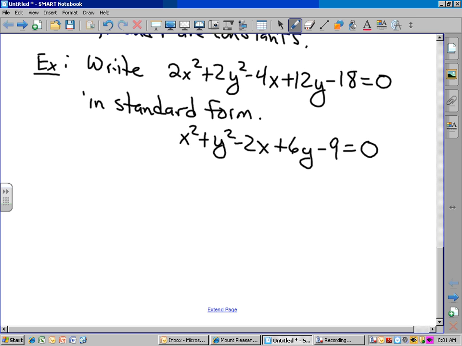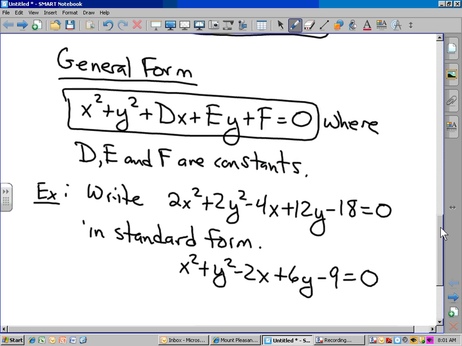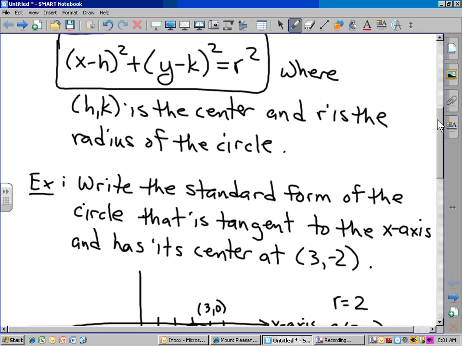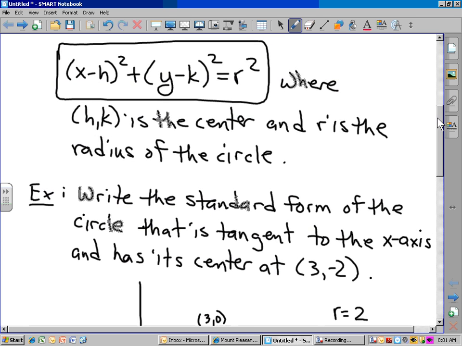You scroll back up and look at standard form. We have a quantity squared with an x in it. We have a quantity squared with a y in it. How can I make a quantity squared? Factor?